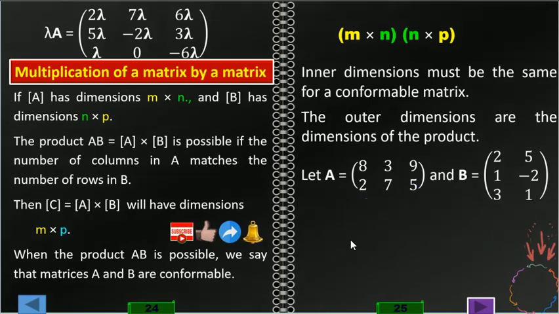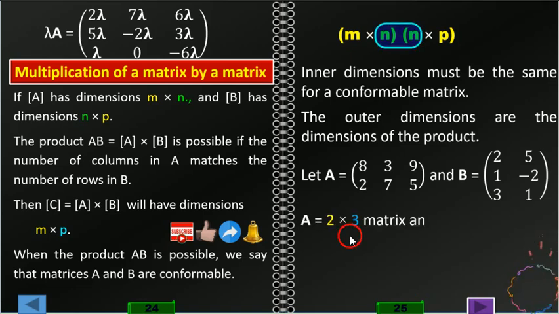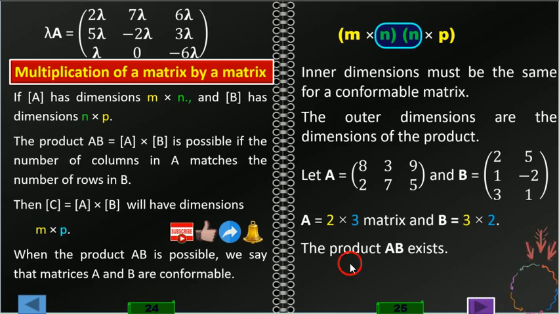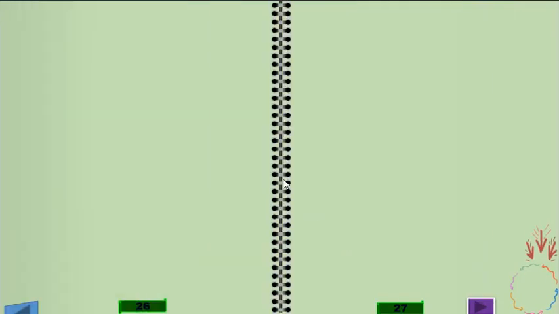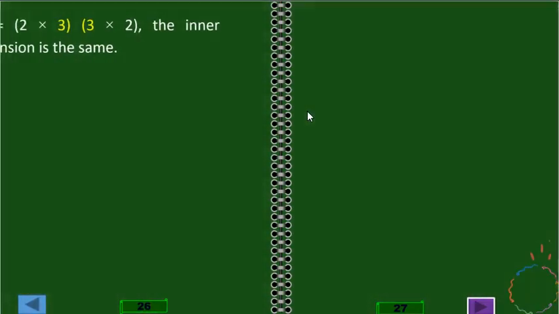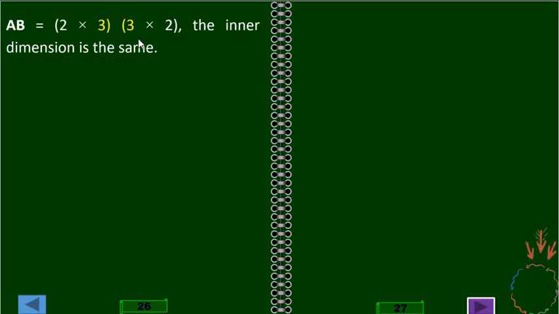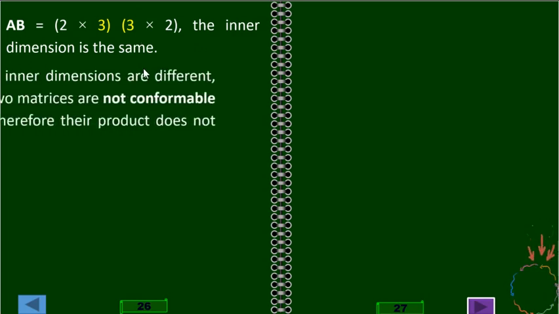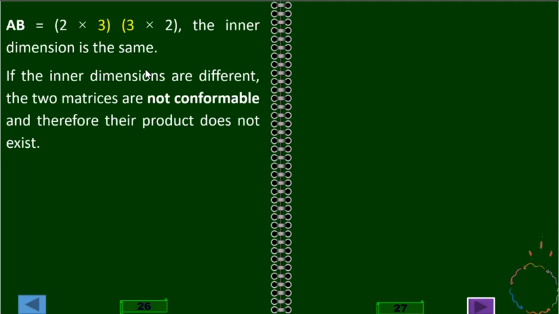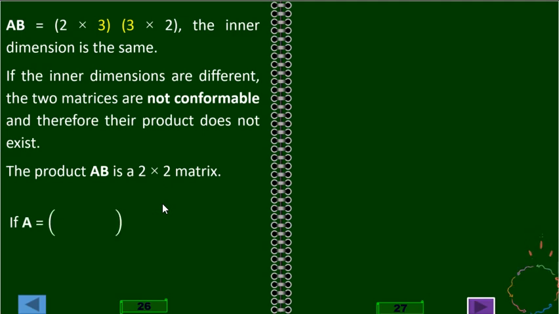So now let's carry out that multiplication. We have the matrices confirmed already, that they are conformable. So now we carry out the multiplication. The inner dimension is the same, so the product will have this as the answer.